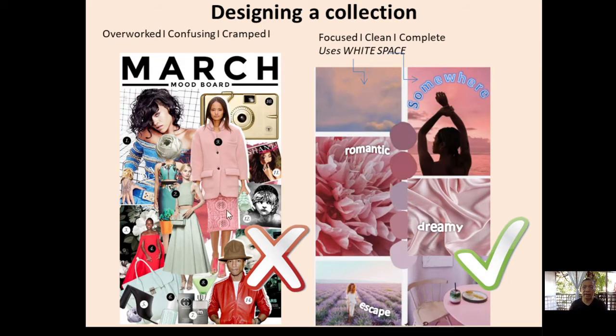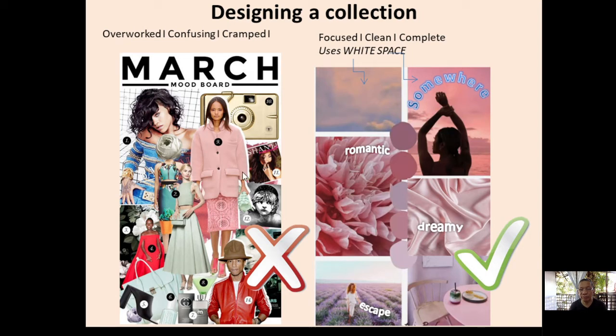On the other hand, the other mood board is confusing. So here you see the inspiration, where the color comes from: the sky, the flower, the interior. So this is the color palette. On the other hand, this one has no color palette.